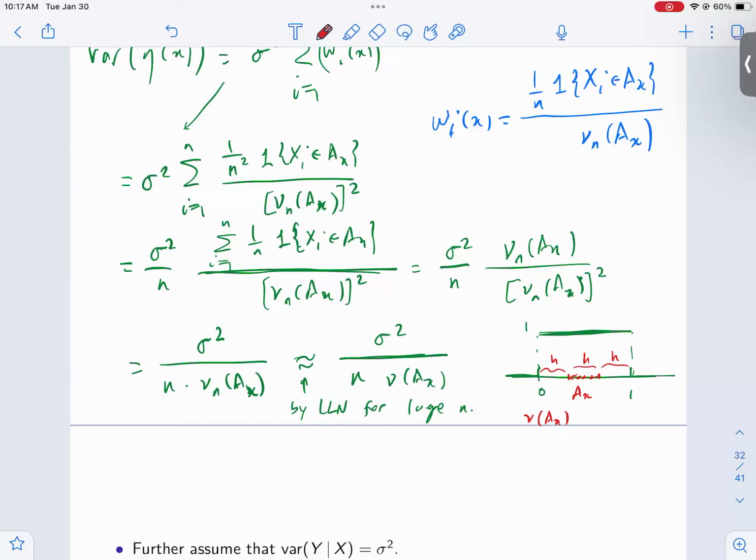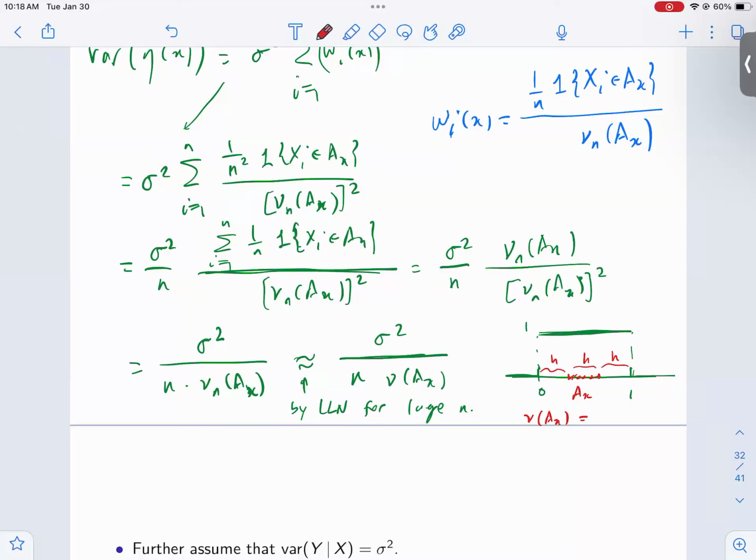In this particular case it's 1/3, but I want to do it in terms of the general h. So I partition it into a number of cells, each of length h. The number would be 1 over h. So I have roughly 1 over h cells, each of length h.